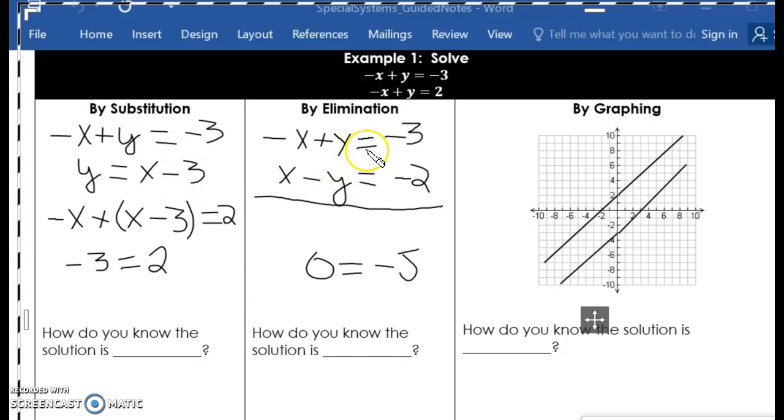What would have been a clue that that was going to happen? If you said that the coefficient on the two x terms was the same, you would be correct. That means that they have the same slope.